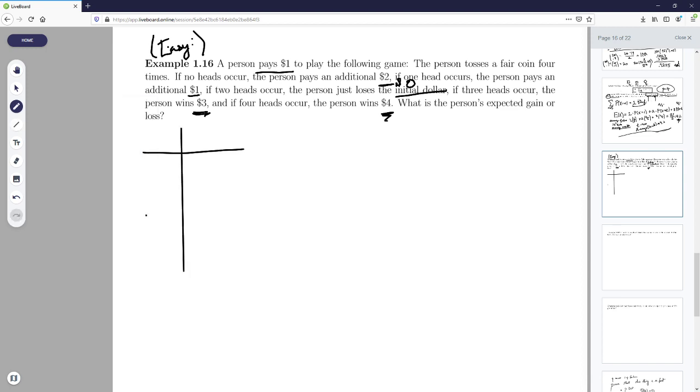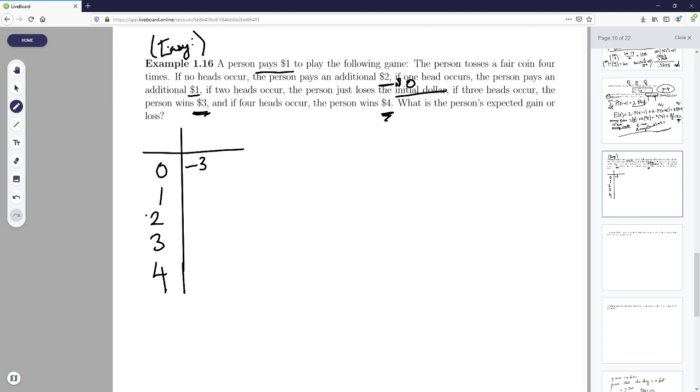So, the options are either 0 heads, 1 head, 2 heads, 3 heads, or 4 heads. But that's not the value in the game, right? The value in the game is that the person pays $1 to play, and so if no heads occur, they lose $2 in addition to this $1. So let's call this value -3. If 1 head occurs, the person pays an additional $1.